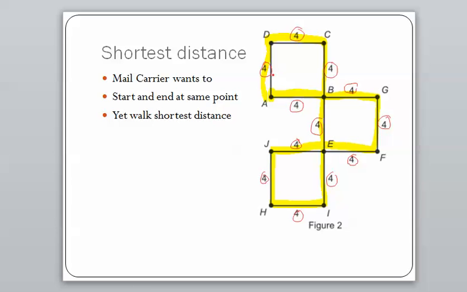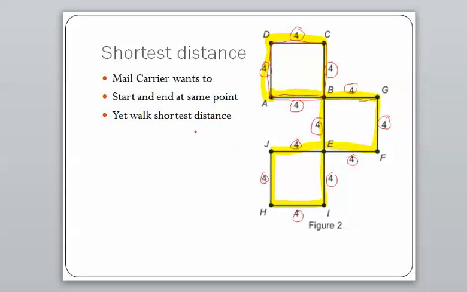Now, what would be a non-shortest distance? Anytime I had to go over the same thing twice, like if I started at A there and I went down to here, went around that box, and then I have to go over A to B again, obviously I'm not getting the shortest distance, am I? Okay, so I've shown you one possible way and one failing way to get there. Okay, you have to be able to come up with these things to make them work.